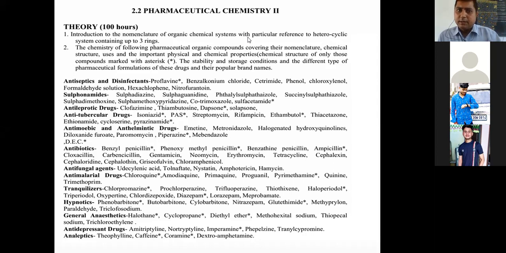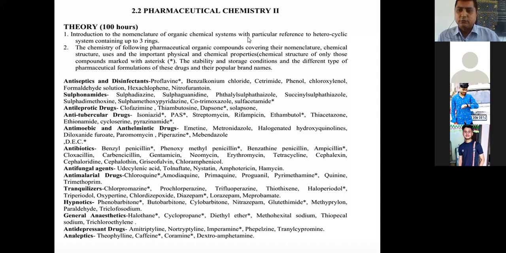After the nomenclature of organic compounds, heterocyclic compounds and open chain compounds, we will discuss different pharmaceutical or medicinal compounds which are important in different categories of drugs, like antiseptics and disinfectants. What is the meaning of antiseptic and disinfectant, and which classes of drugs come under them, that we will discuss.